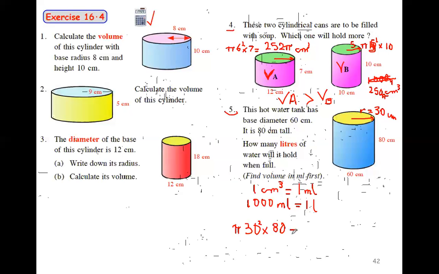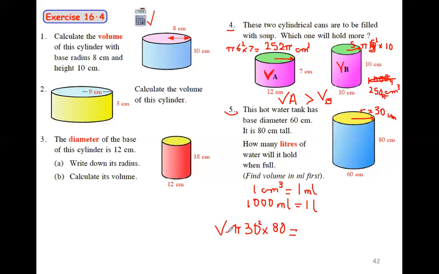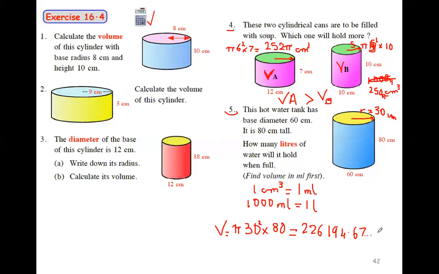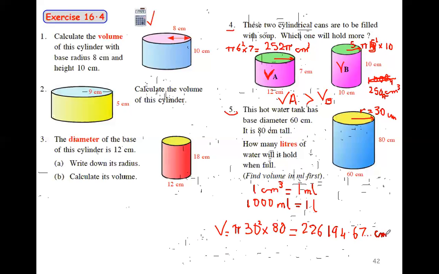So that's my volume. So shift pi times 30 squared times 80, and I get 72,000 pi, or 226,194.67. So that is centimeter cube or milliliters.